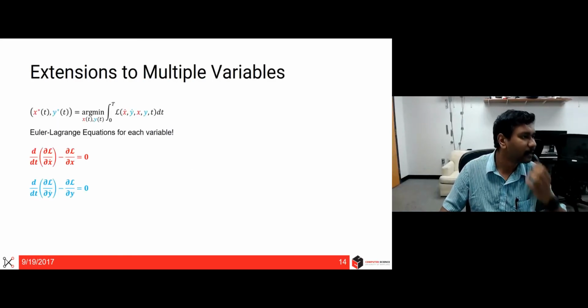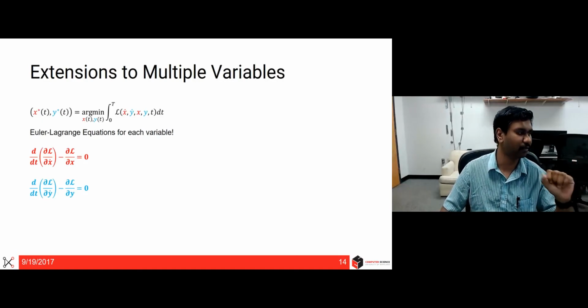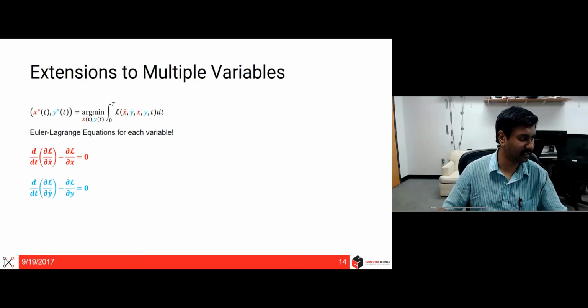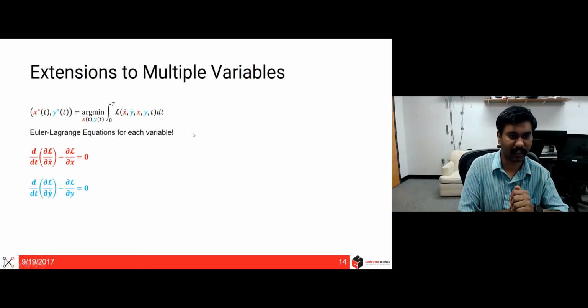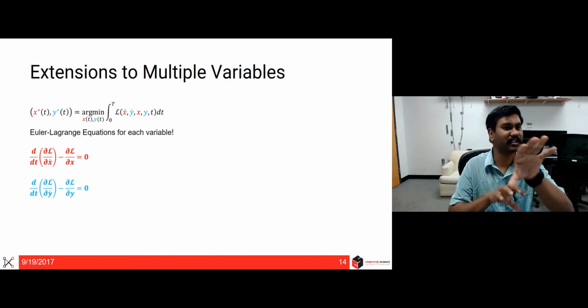Cool, let's move on. Now, how do we extend this to multiple variables? Let's say we are doing this in 2D, we have x star and y star, and the Lagrangian is a function of both x and y. What Euler-Lagrange does for us is separate out each dimension.